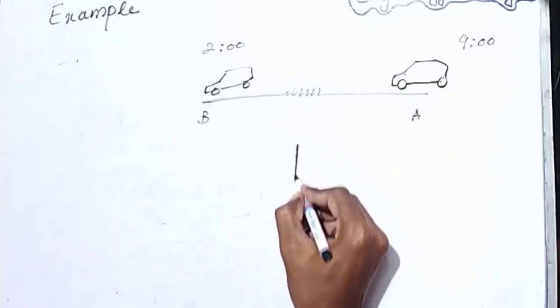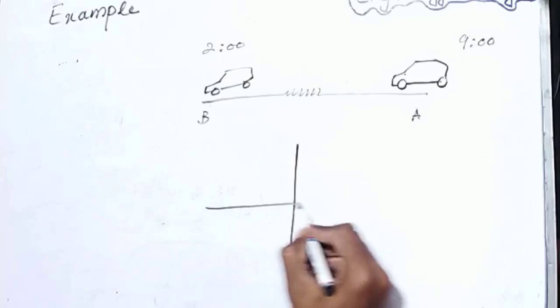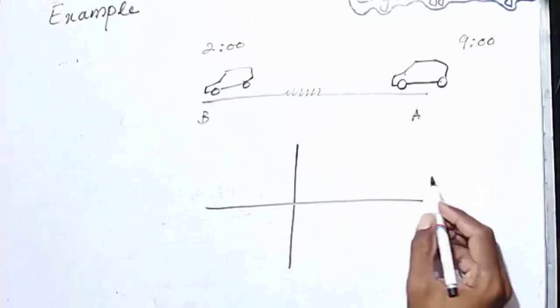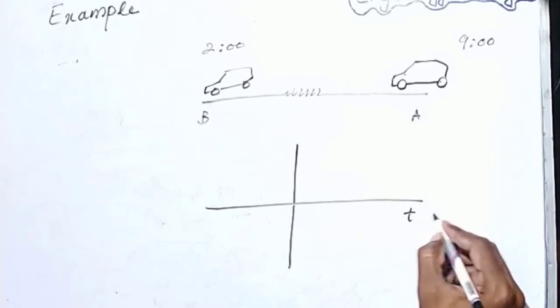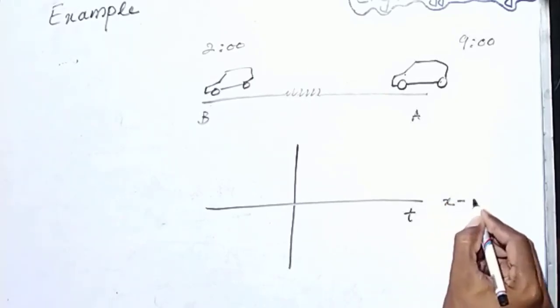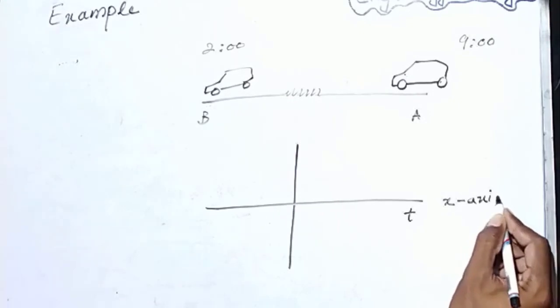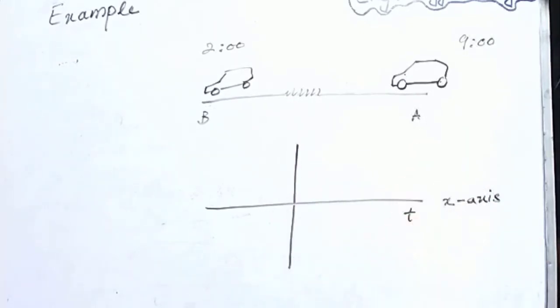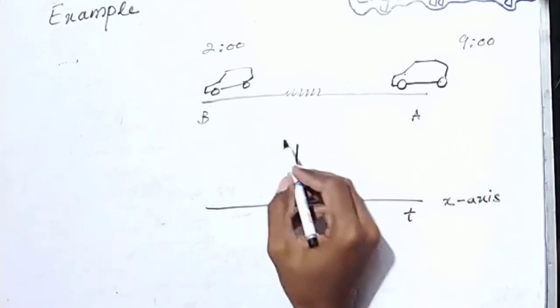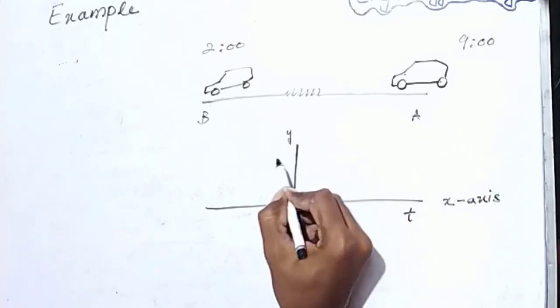So in case of representing it on the axes, we will take time on the x-axis because it was an independent variable, and speed on the y-axis.